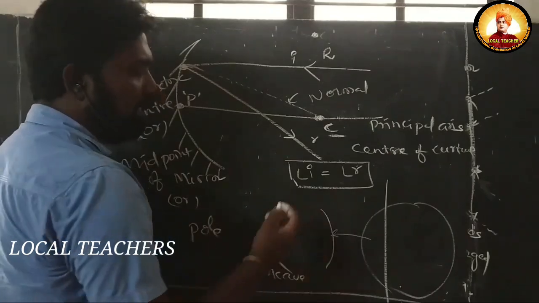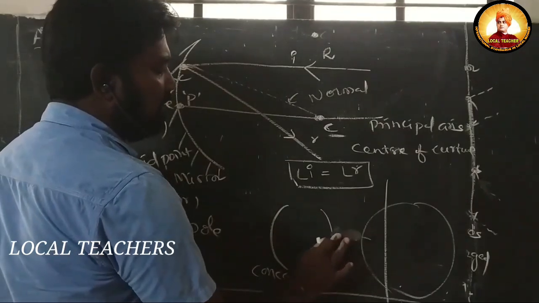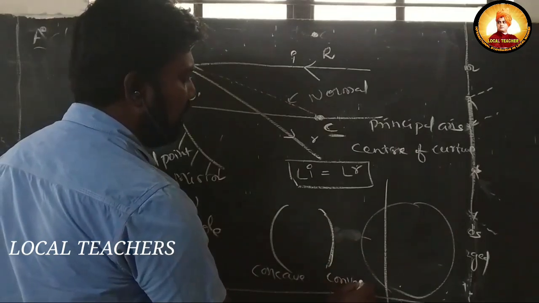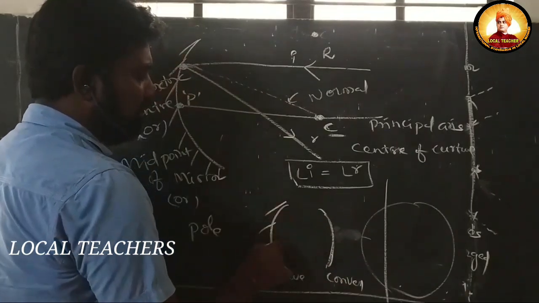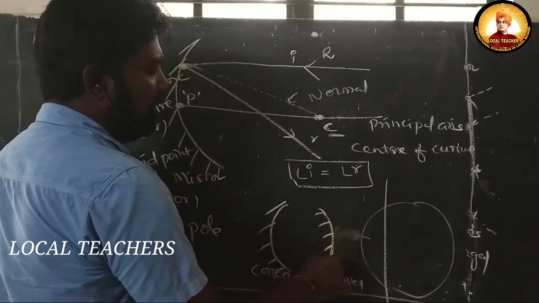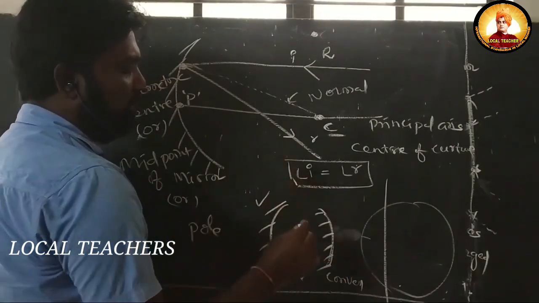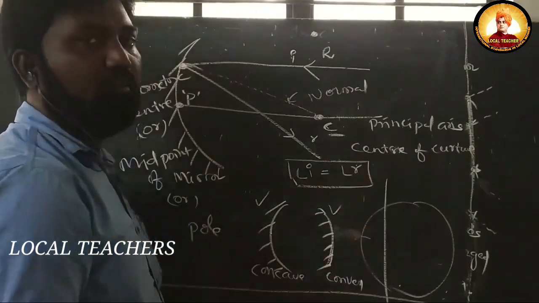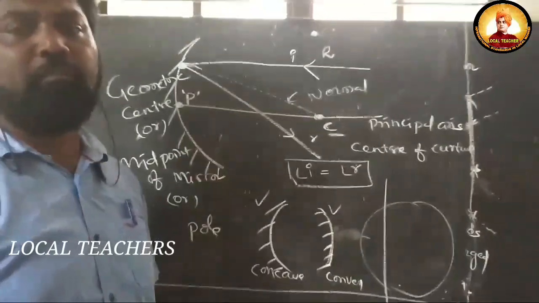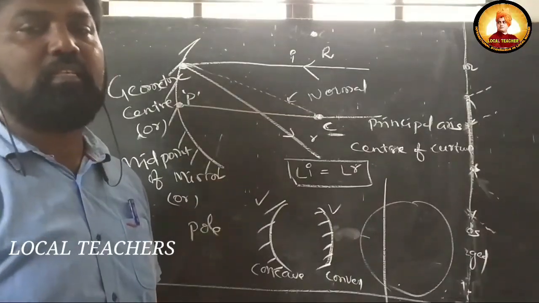If we represent it like this, it is convex, with the outside smooth. This is concave, this is convex. By this we get concave and convex surfaces.